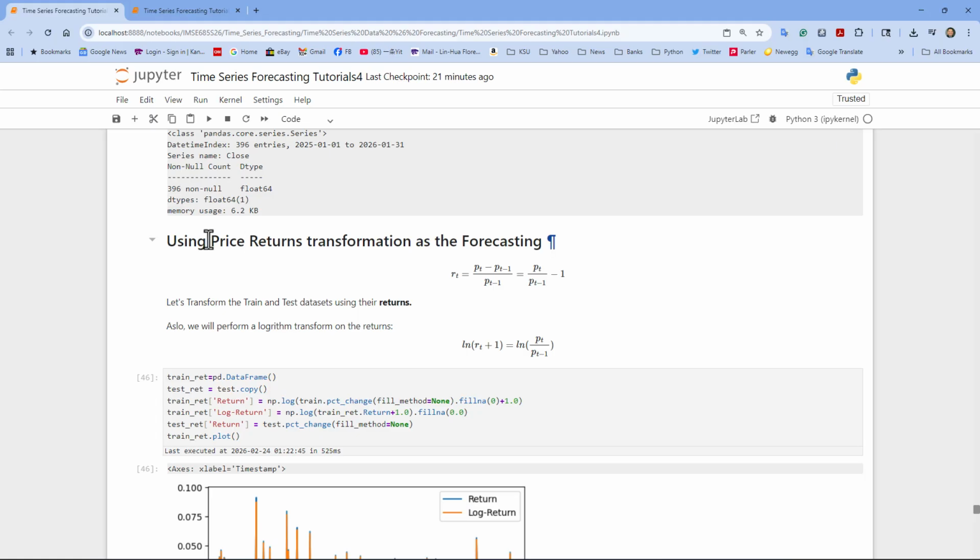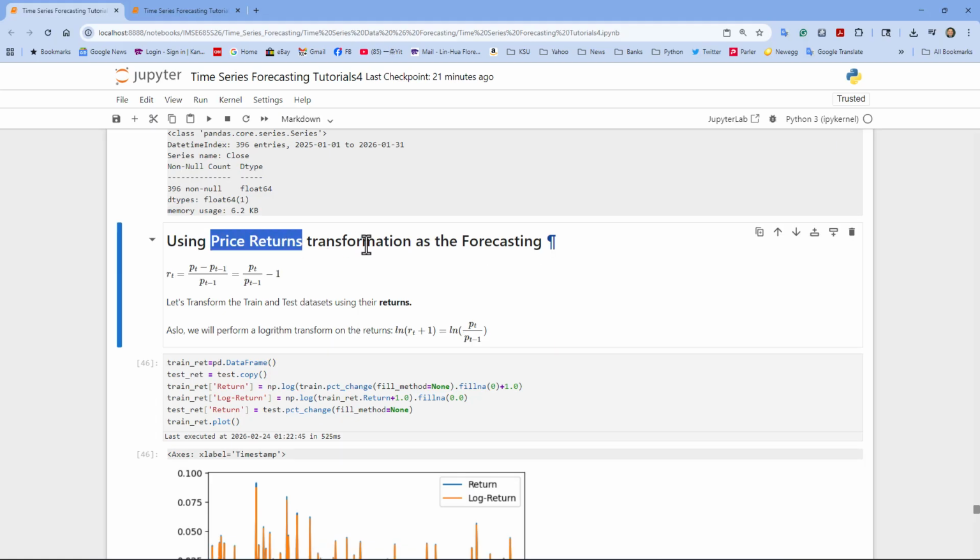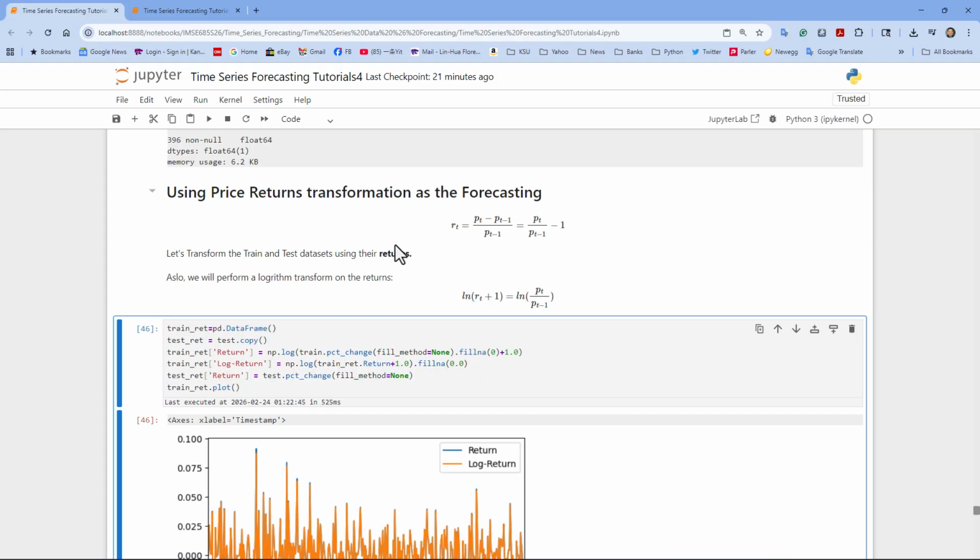So first we're using the price return transformation for the forecast. You see that the return is actually the ratio between the change of the stock price divided by the previous price, which we asked you to calculate in our homework before.